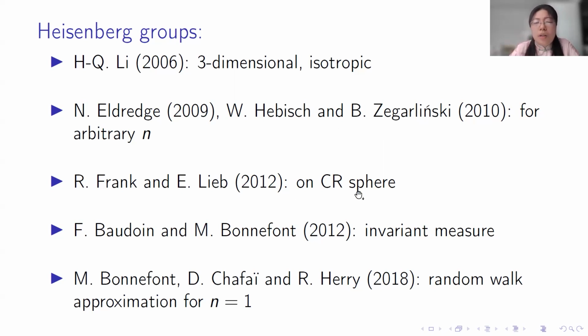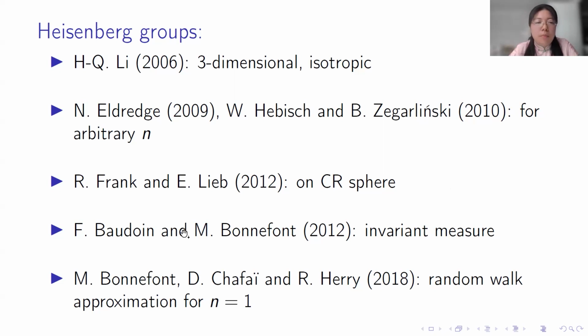The third one by Frank and Lieb has a version of log Sobolev inequality with respect to the Haar measure. And I think their approach is more through a CR geometry type of approach. Moreover, their constant is dimension dependent, even though it's optimal.